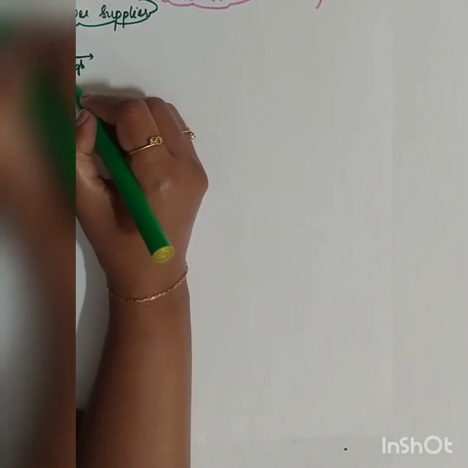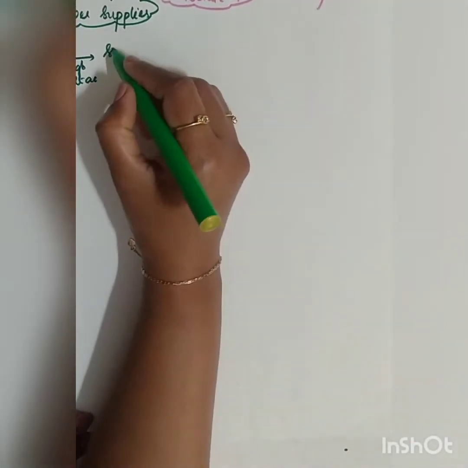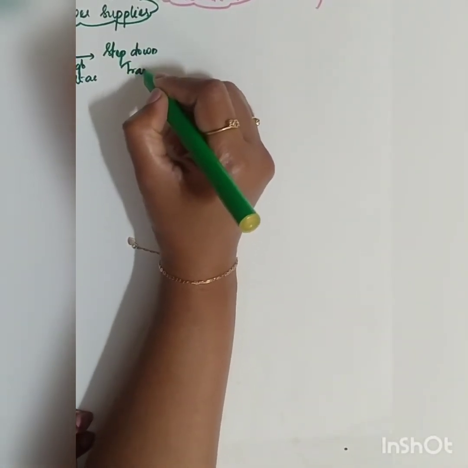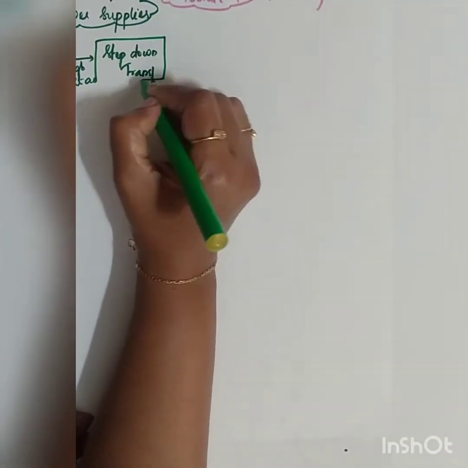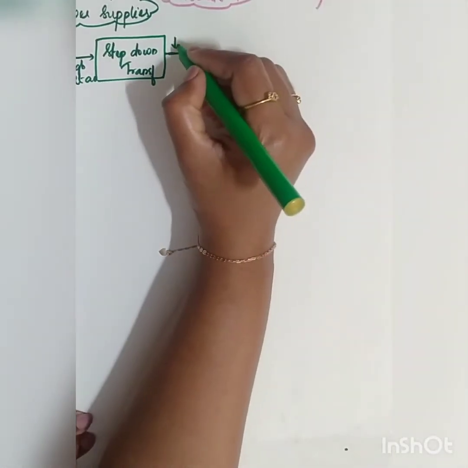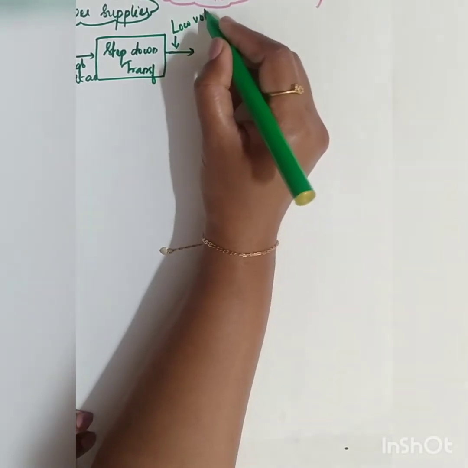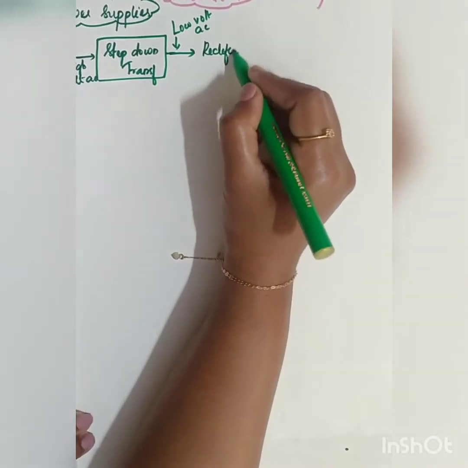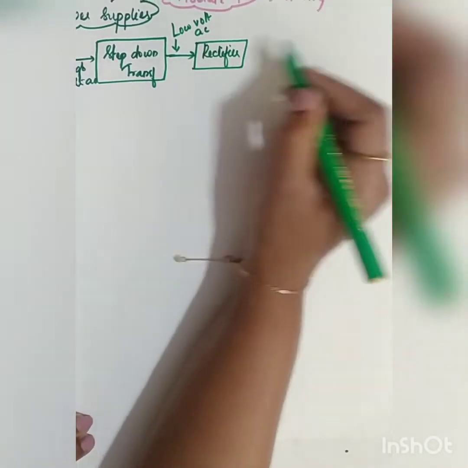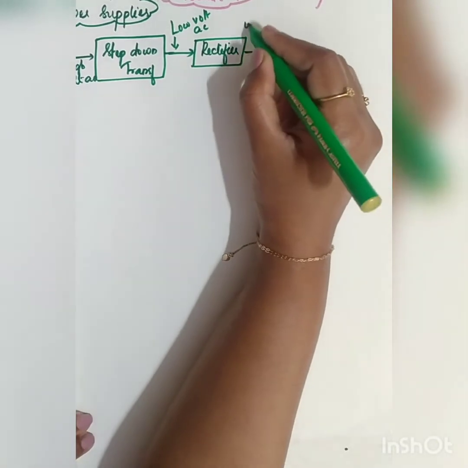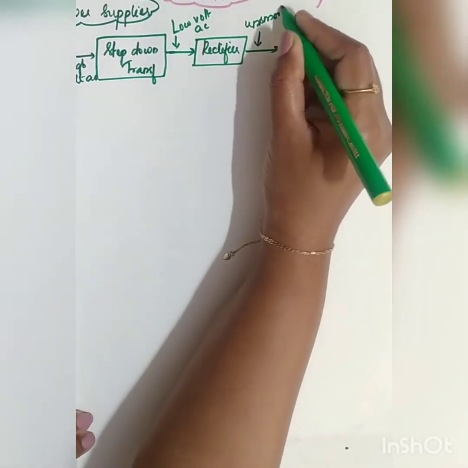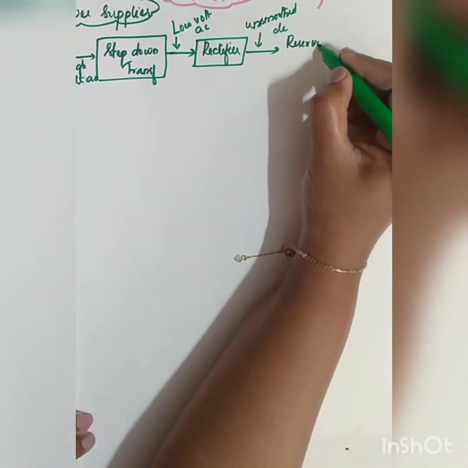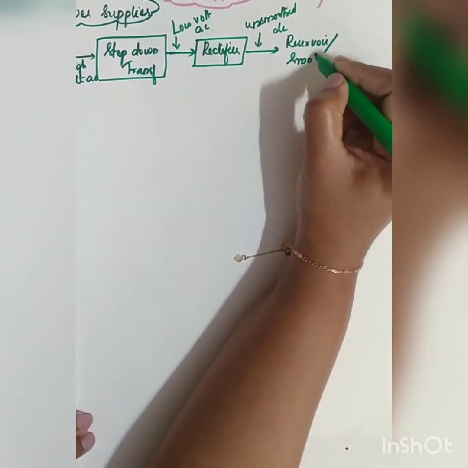High voltage AC signal was given to the first stage, that is your step down transformer. The output was low voltage AC, which was given to the next block, that is your rectifier. The output of the rectifier was unsmoothed DC, which was given to your reservoir or smooth filter.